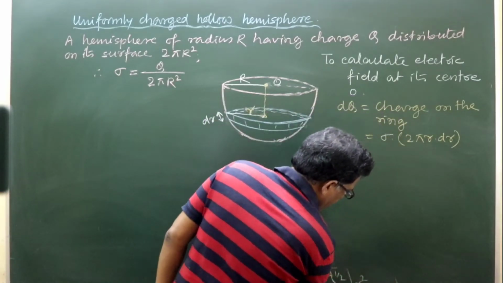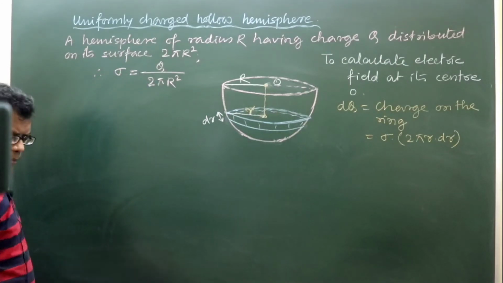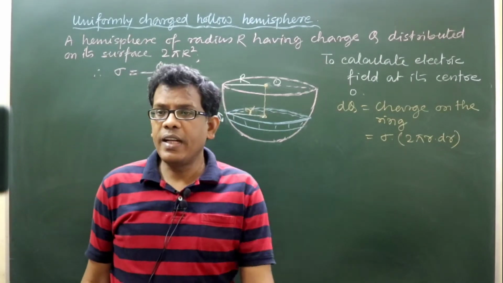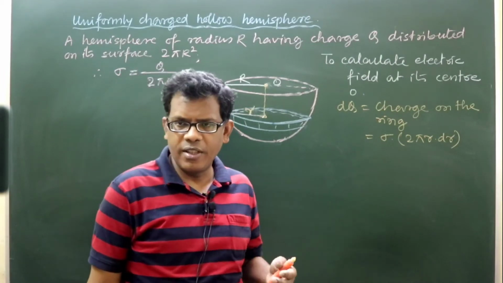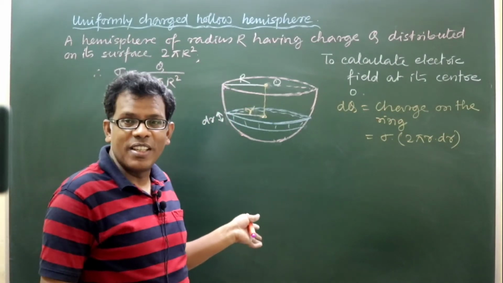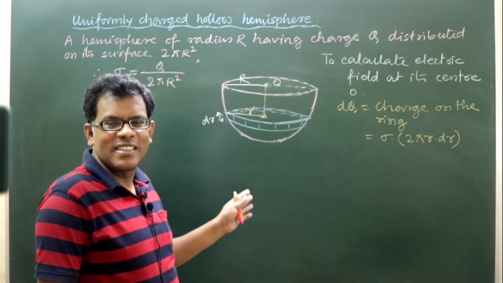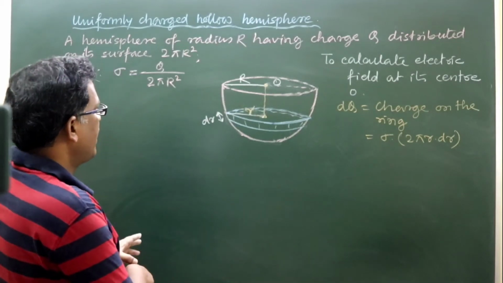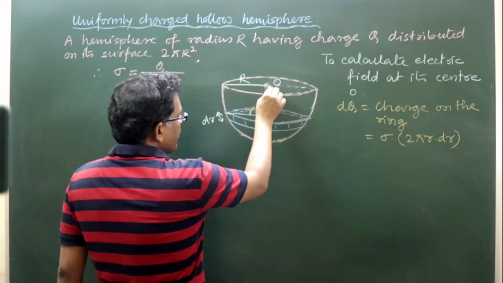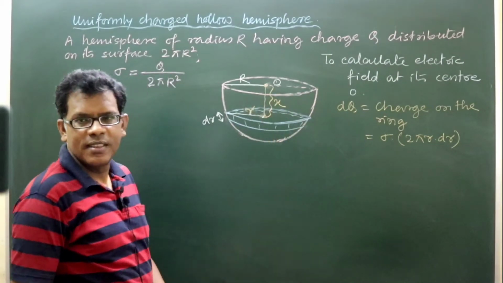We have already solved how to find the electric field at the axis point due to the charge of a circular ring, which we used even in the previous case for the circular disc, right? So we will apply that. So this part will be x here, right?